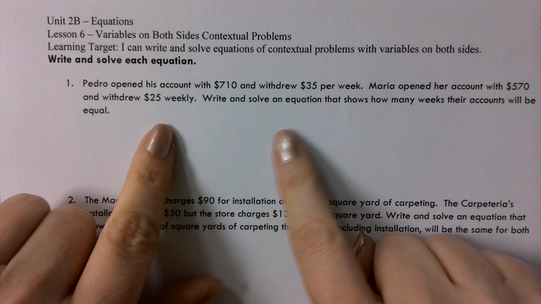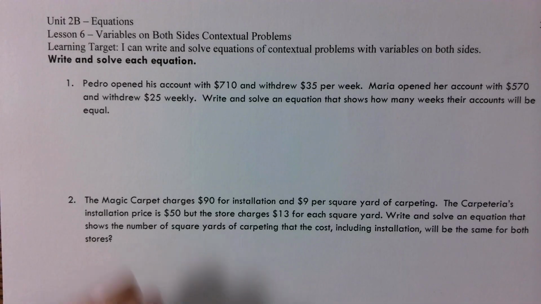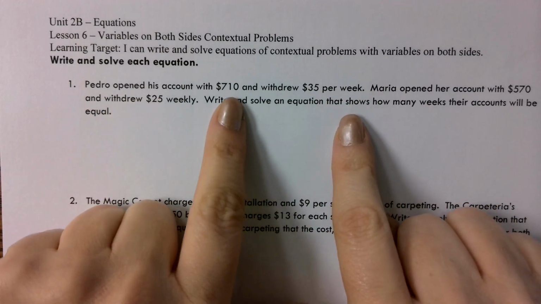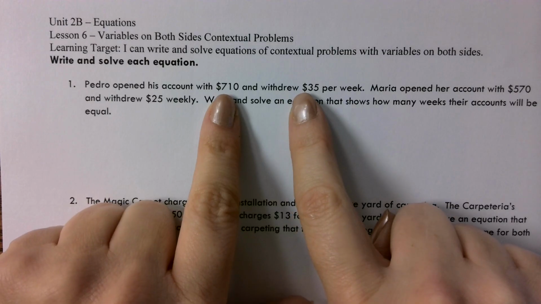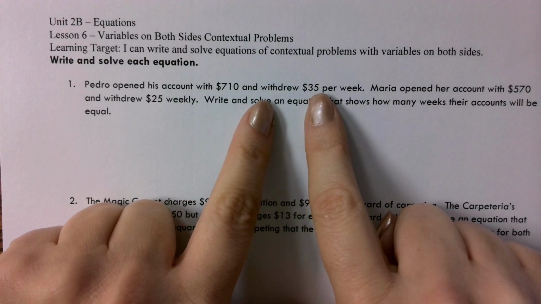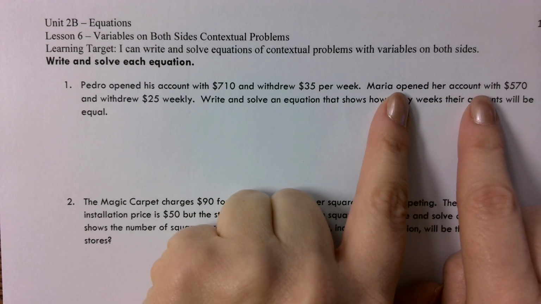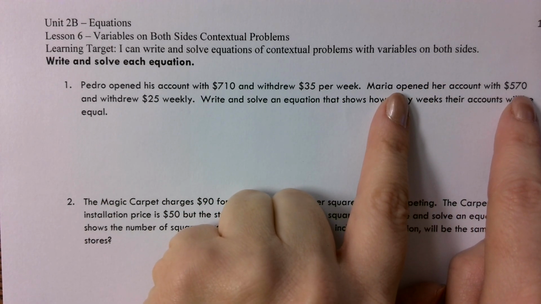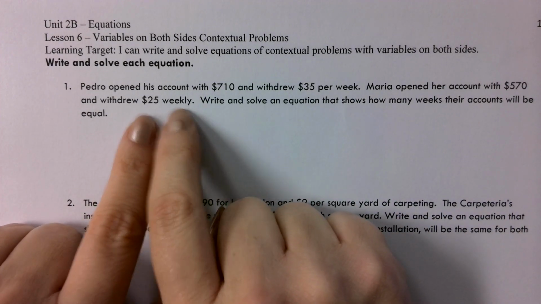So like for problem number 1, we have two different people who have different bank accounts. Pedro opened his account with $710 in it, and then he's going to continue withdrawing money from the account every single week. He's going to withdraw the same amount of money, $35 every single week. Maria is also going to open up an account, but she only has $570 in it, and she is only going to withdraw $25 every single week.